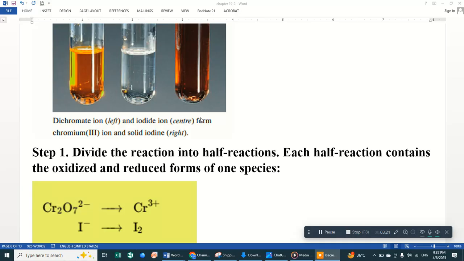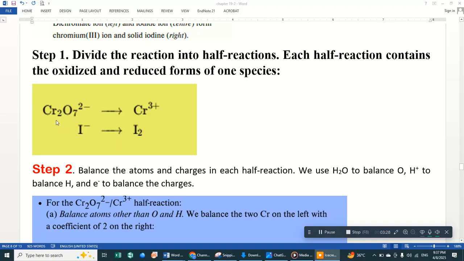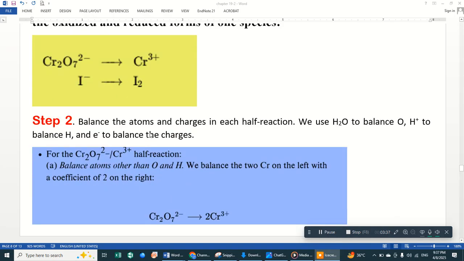A very easy method. First of all, divide the reaction into two half reactions. Dichromate ion changes into chromium ions, and iodide ion changes into iodine. First we balance the dichromate ion into chromium ions half reaction. In the second, we balance the iodide ion into iodine.